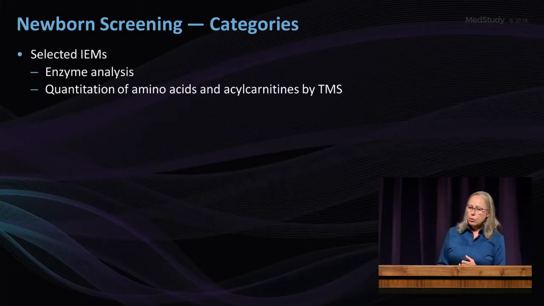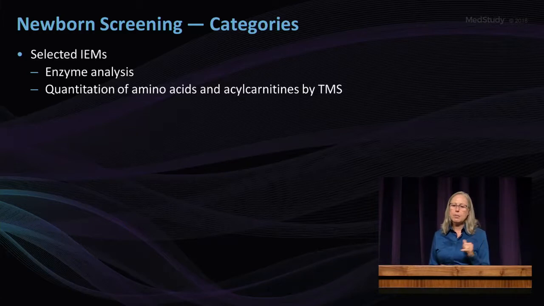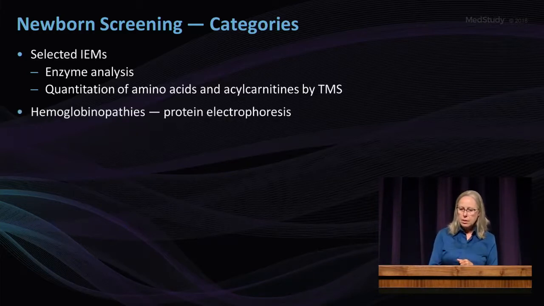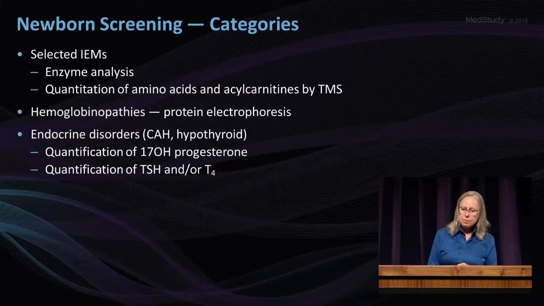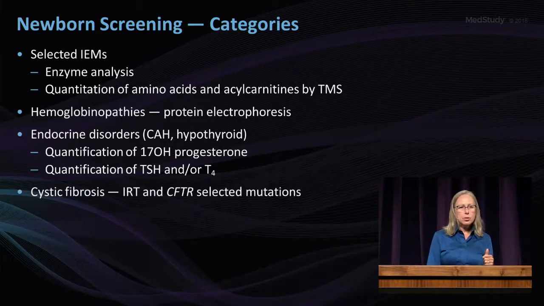The categories of newborn screening are selected inborn errors of metabolism. We can do enzyme analysis. We can do quantitation of amino acids and acylcarnitines. We can do hemoglobinopathies by protein electrophoresis, endocrine disorders like CAH and hypothyroidism, and cystic fibrosis by immunoreactive trypsinogen and CFTR mutations.